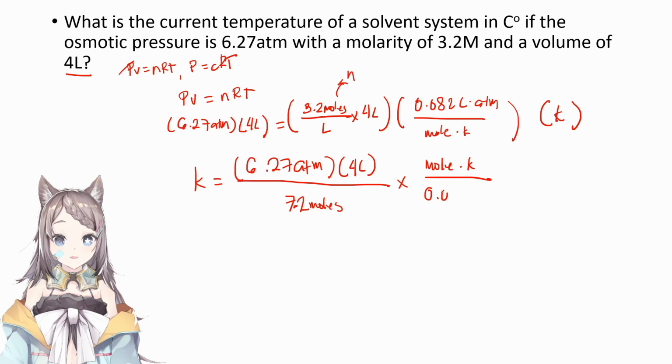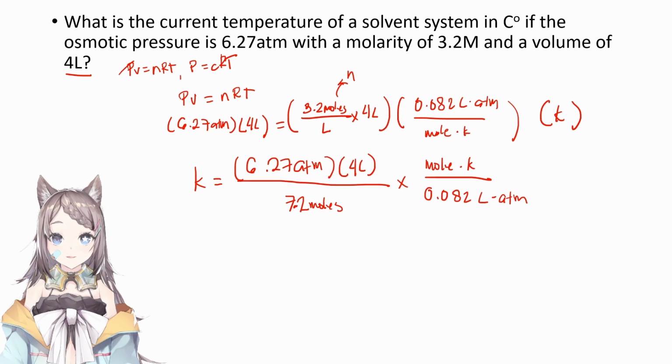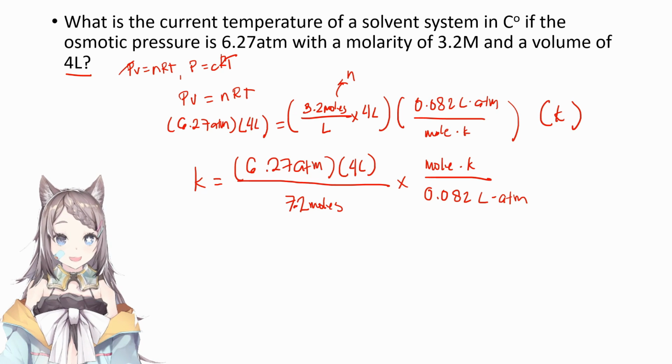then 0.082 liter atmosphere. So class, please remember that the units should be in the proper order, so you won't get the wrong answer if you have a unit that is squared. So atmosphere, moles, liters.